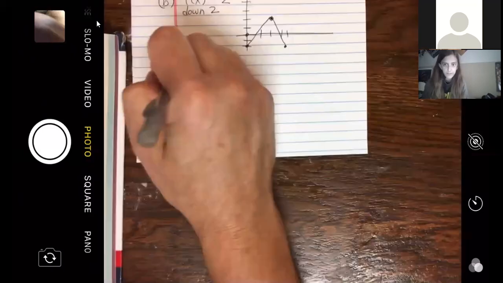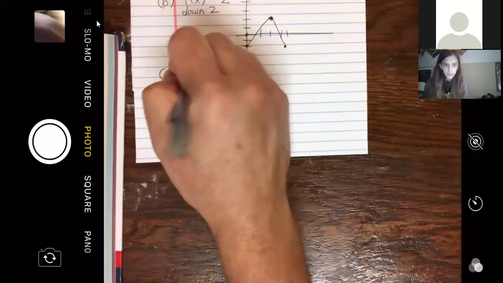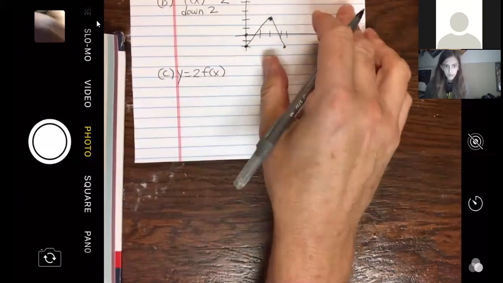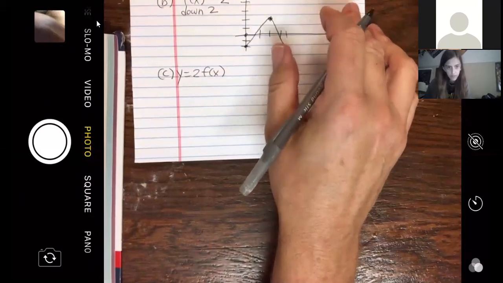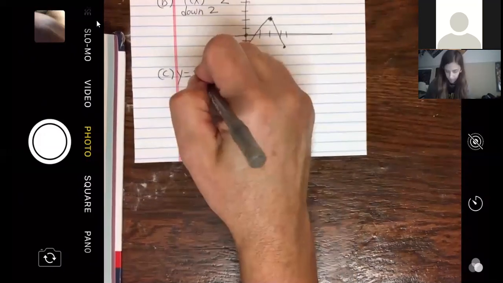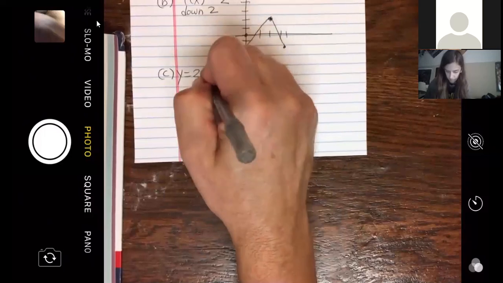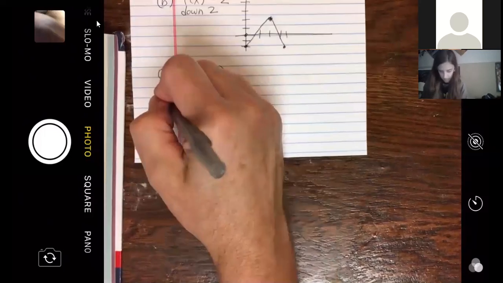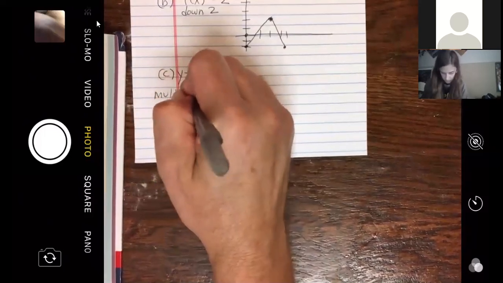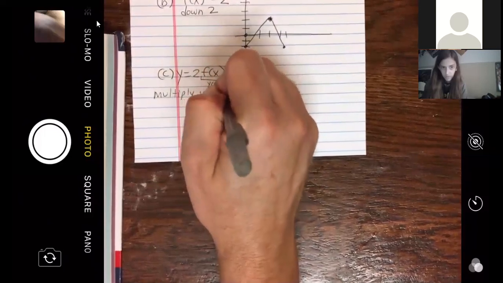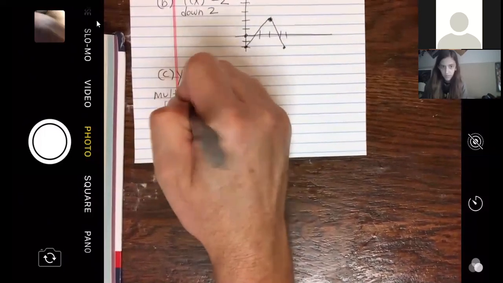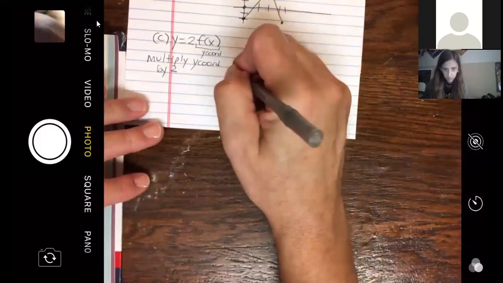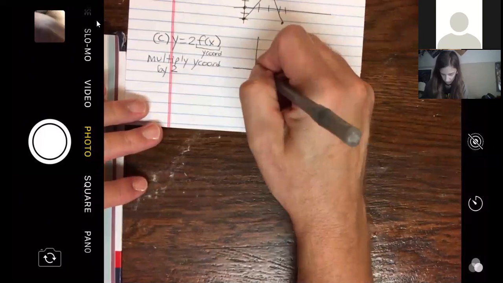How about C? Twice f of x. The way I think about it, I would think of this f of x as your y coordinates, and you're just multiplying your y coordinates by 2. If you want me to really quickly redraw it, it's easiest for me to just go through the numbers.